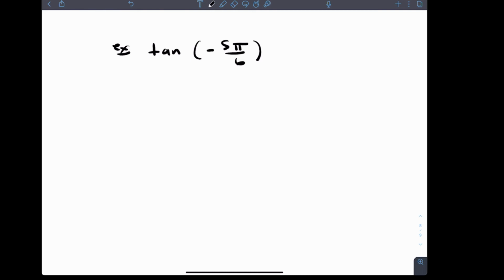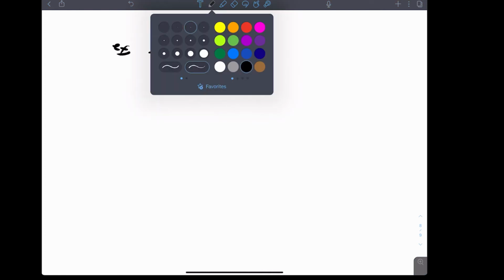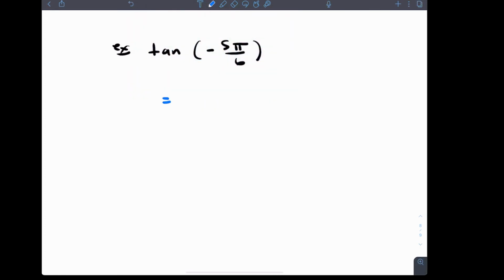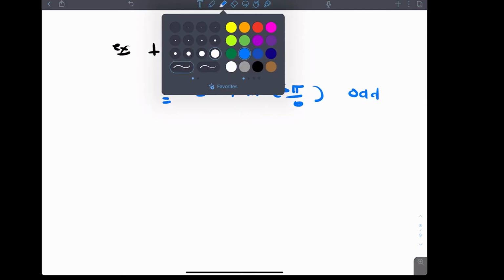Negative sign. Let's go through the logic. Tangent is what? Even or odd? And so that means I pull out my negative sign. I would say because it's an odd function. I would even justify it.